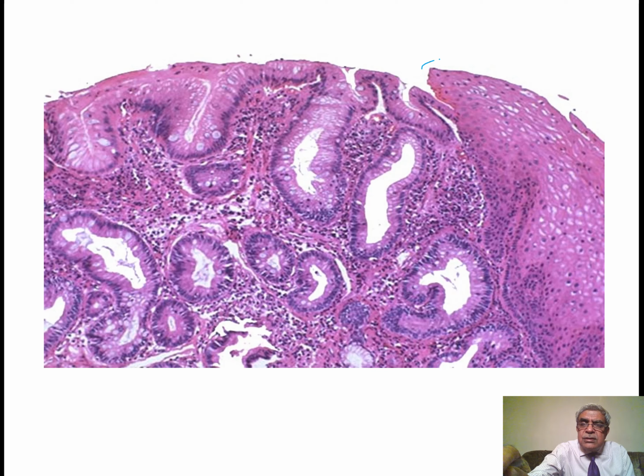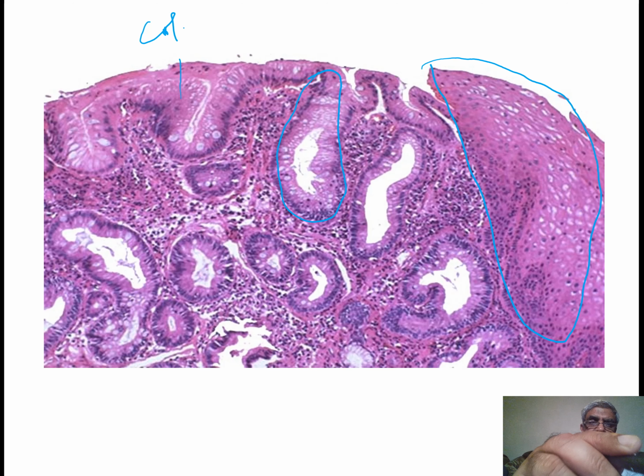This is the stratified squamous epithelium, and this is replaced by intestinal type of epithelium or glands, and these glands are lined by columnar epithelium.